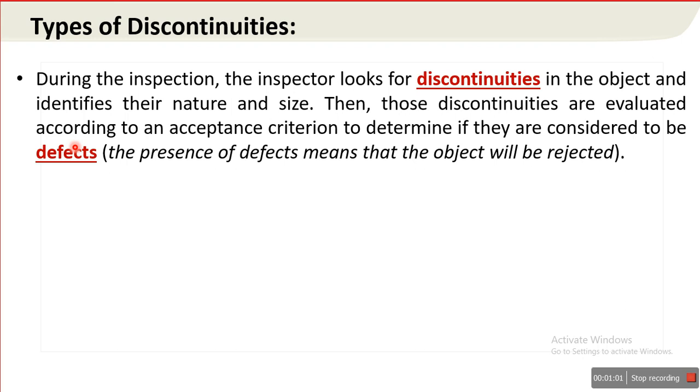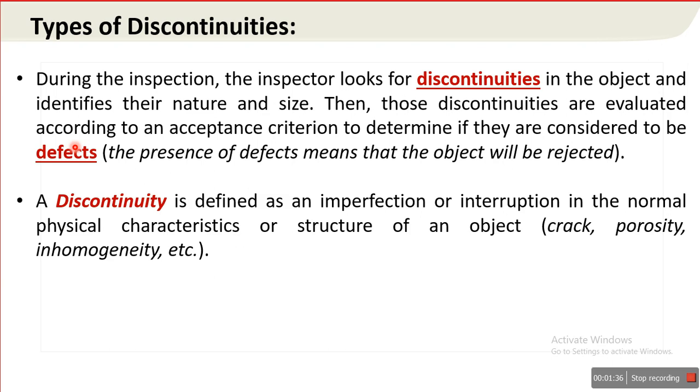From that multiple responses, the inspector needs to sort out which response comes from the major discontinuity and which response comes from the minor discontinuity, and whether that discontinuity hampers the performance. If that discontinuity hampers the performance of the component, then that discontinuity can be called a defect.